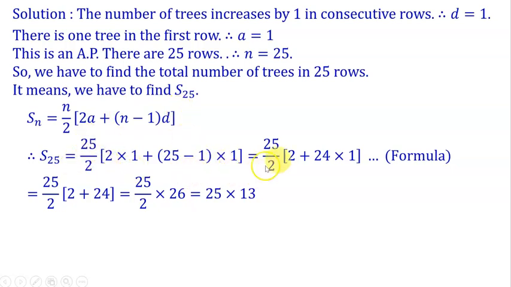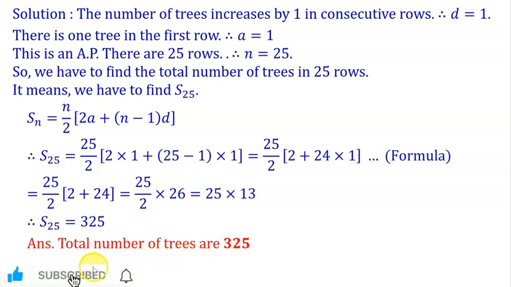We simplify: 25 upon 2, 2 into 1 is 2, 25 minus 1 is 24 into 1, 24, 2 plus 24, you will get 26. 25 upon 2 into 26, 26 upon 2, you will get 13. 25 into 13, what is the multiplication, 325. This is S25, and therefore the final answer, the total number of trees is 325.